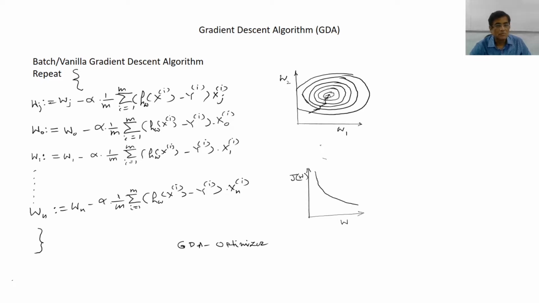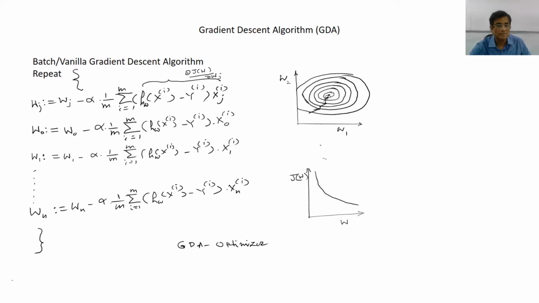So, Wj is assigned the value of earlier Wj minus alpha times 1 by m, summation of i equals 1 to m, and this is the derivative of our cost function.